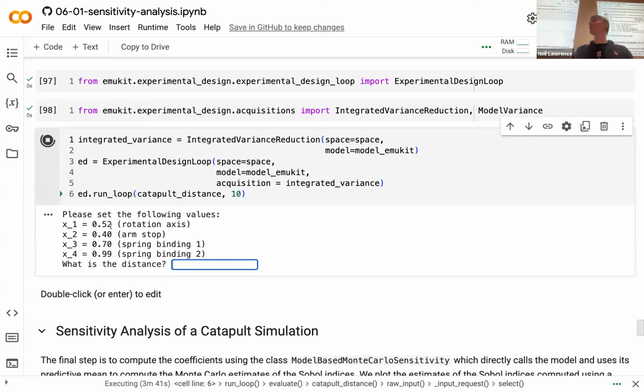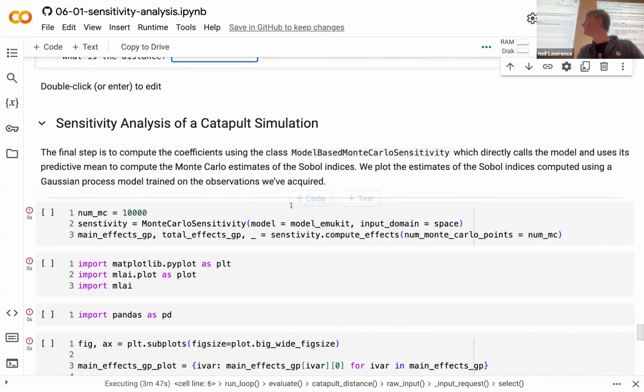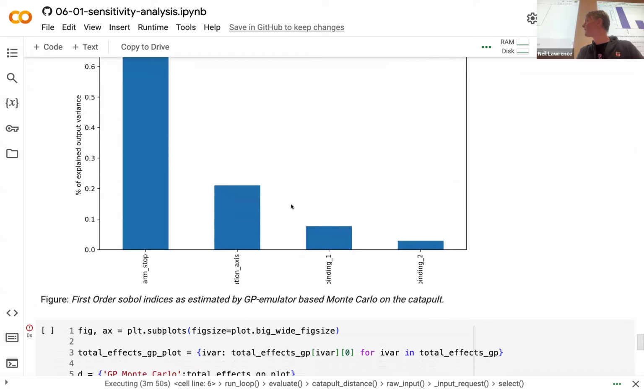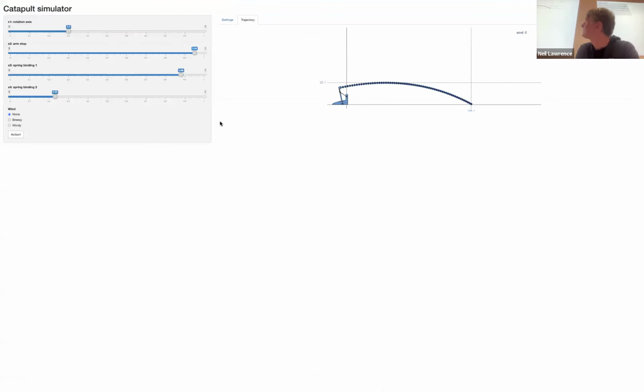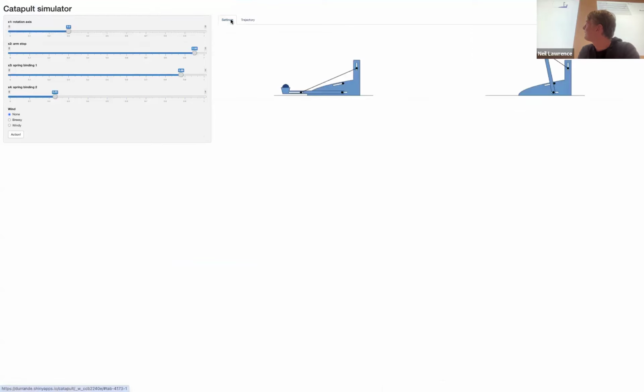So that's why acquisition functions are important in getting these things right. Then you get the sensitivity analysis, the arm stop, and let's just go back to see why the arm stop's important. So the arm stop on the catapult is, I think, this thing here. Was it this one? Spring binding, the arm stop.